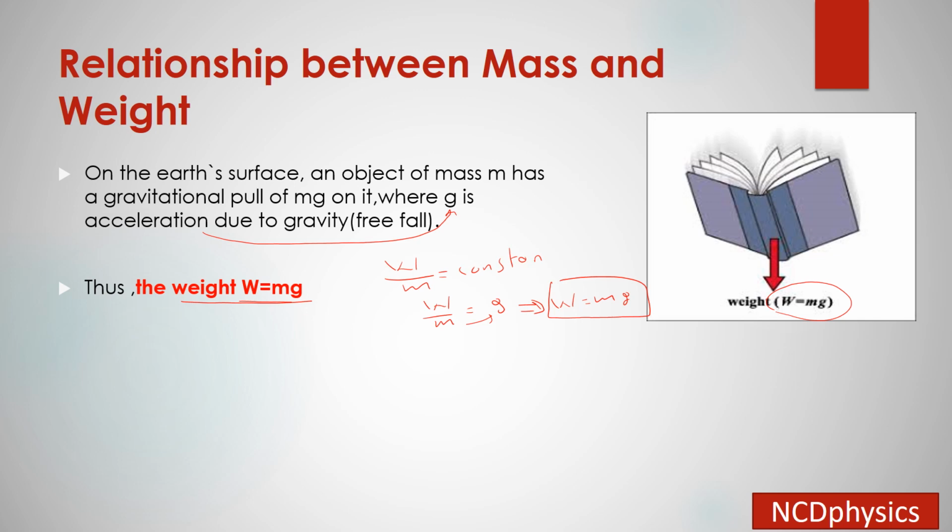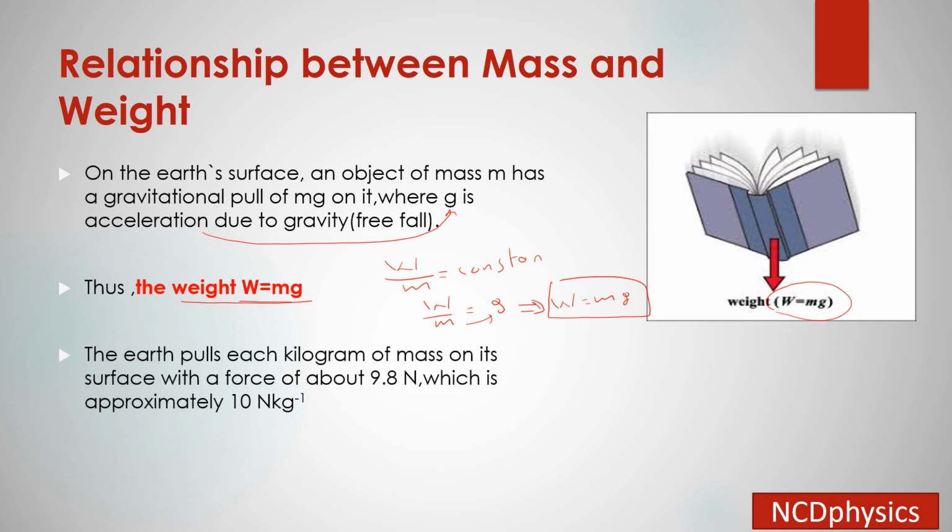The earth pulls each kilogram of mass on its surface with a force of about 9.8 Newton, which we take as 10 Newton per kilogram. Actually it is 9.8 on the surface, but we accept it as 10 Newton per kilogram.